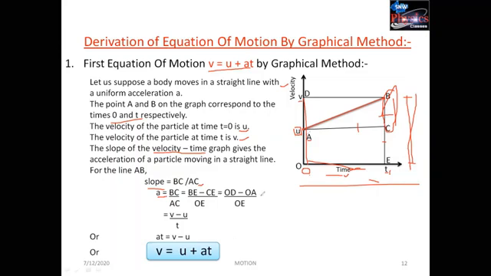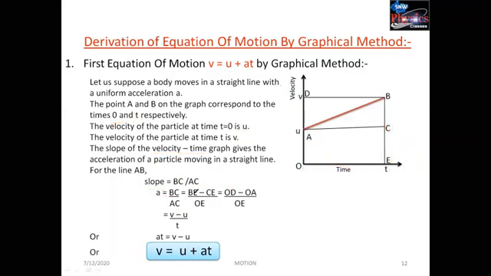ठीक है, फिर उसके बाद हम लोगों ने पाया कि CE is equal to OA, and it is divided by OE. Okay, now OD is equal to V. यहां से हम लोगों ने डिस्टेंस देखा, यहाँ पे 1 मिनट इसे क्लियर कर लेते हैं.